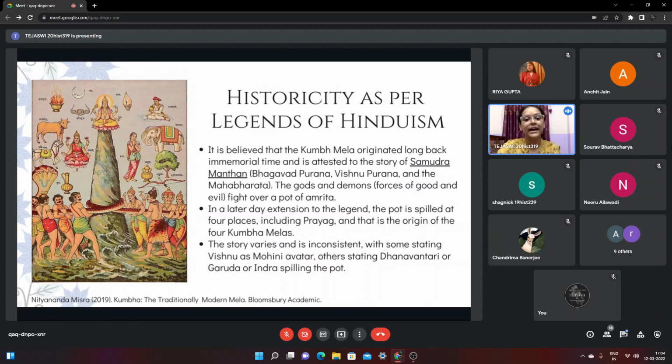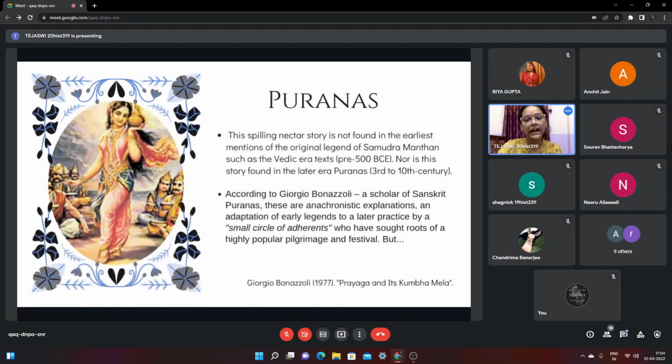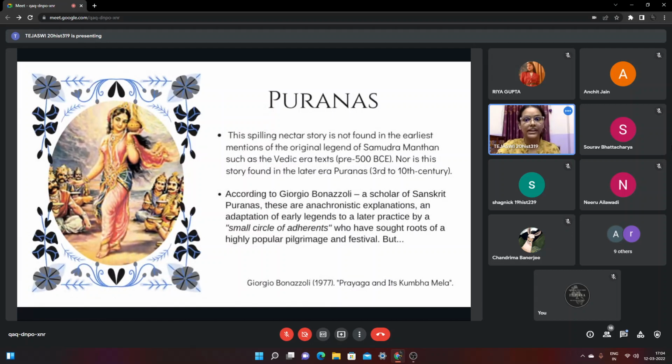But again, it's a legend, so obviously the story is inconsistent. Some state that Vishnu incarnated as Mohini, others state Dhanvantari or Garuda or Indra, that it was Indra who spilled the pot. So again, this spilling nectar story, we cannot find it in Vedic era texts dating pre-500 BCE, and neither is it found in later era Puranic texts between the 3rd to 10th century.